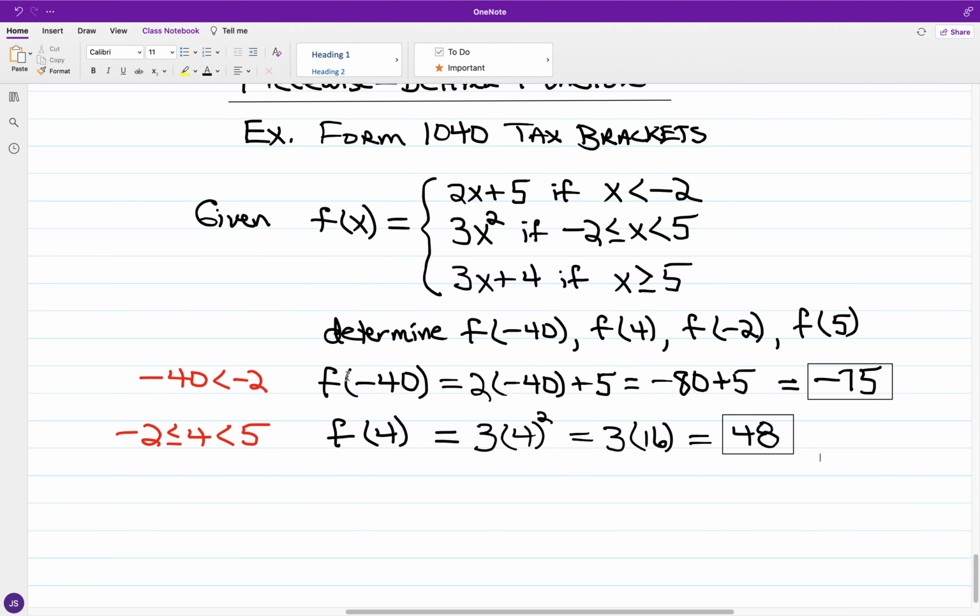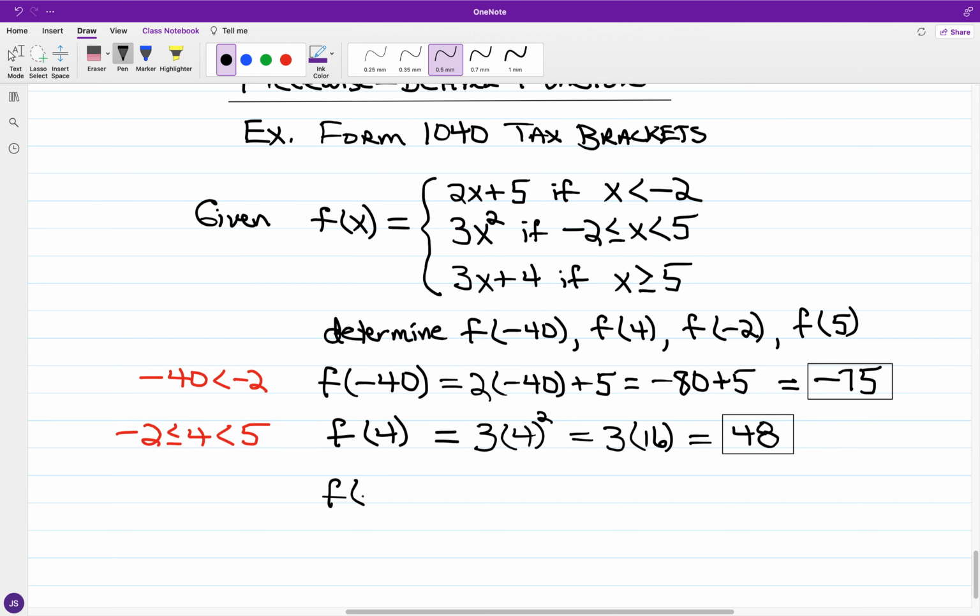Now, with the last inputs of -2 and 5. Regarding -2, notice that it appears twice, so which inequality statement will this value belong to? Well, first of all, -2 is not less than itself, so the first inequality strikes out. But for the next statement, -2 is not less than itself, but it is equal to itself.